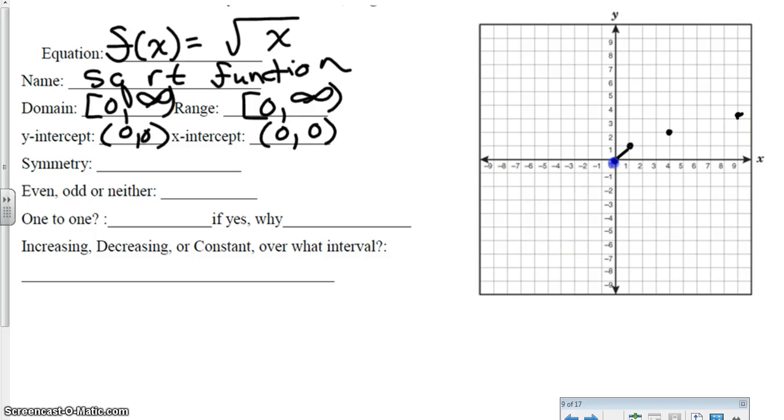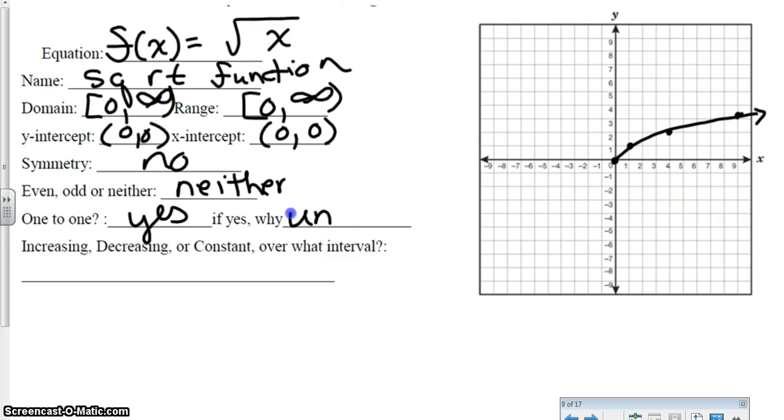You notice that this only has what? One branch, kind of like it's an eyebrow, isn't it? So there is no symmetry, and of course it's neither, but it is one-to-one because all of the points are unique. Whoops, unique with a Q.